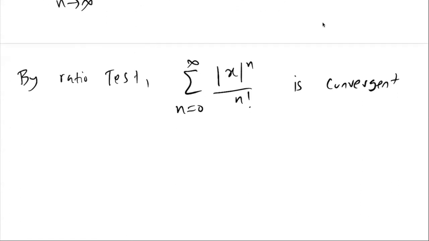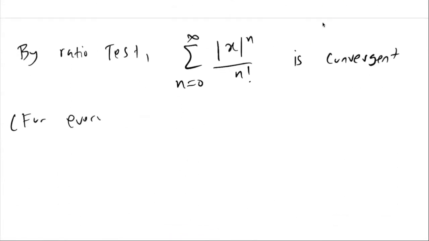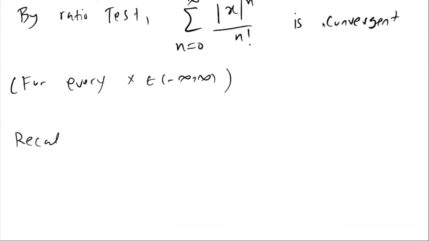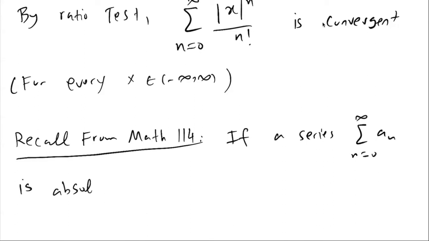So let me write it down this way. So far we said this series is convergent for every x, because remember the limit was 0 for every x. Now again, recall from Math 114 that if a series, the sum of a_n from 0 to infinity, is absolutely convergent, what do we mean by absolutely convergent?